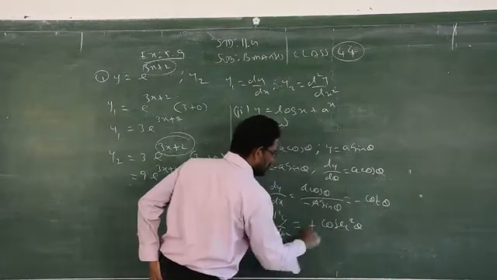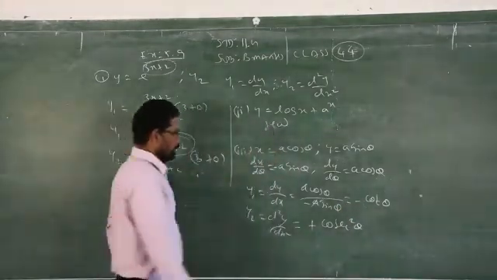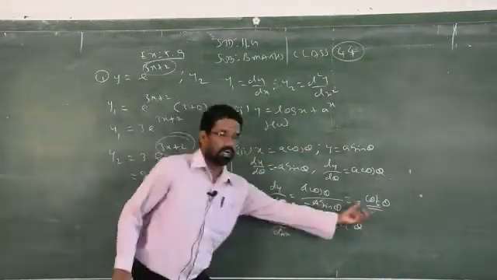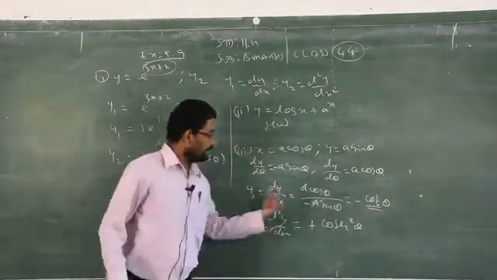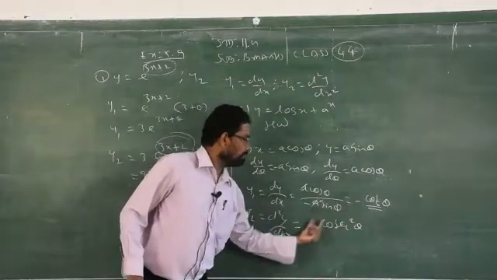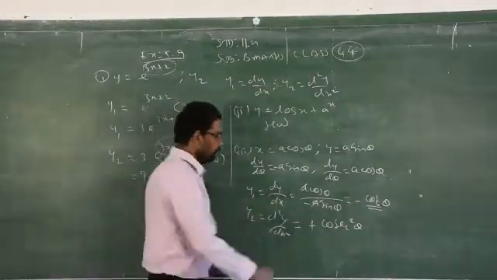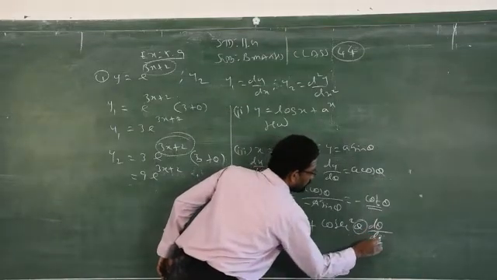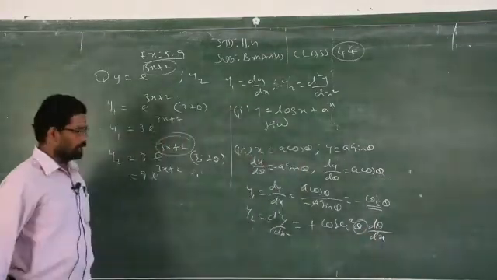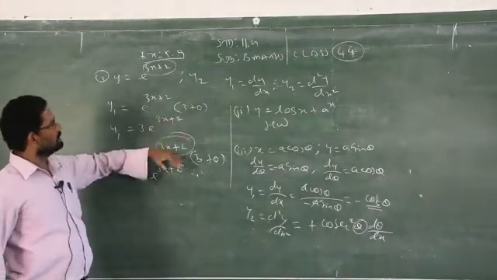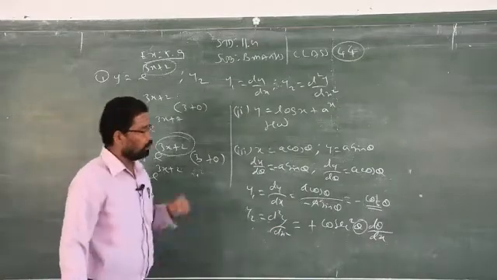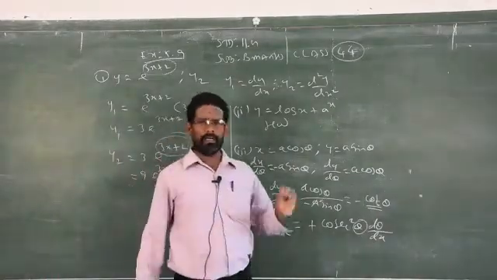Already we have a minus, so minus will become plus. I differentiate only cot. The differentiation of cot is minus cosecant square x, and minus minus will get eliminated. Now you want to differentiate the inside of the bracket, that is d theta by dx. That is what I did before I started this chapter, in exercise number 5.5. I explained very clearly how you get dy by dx.